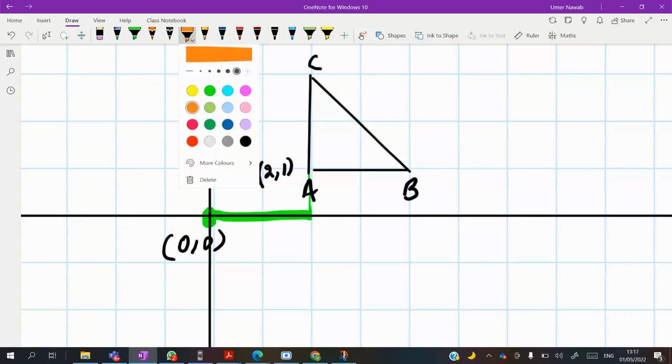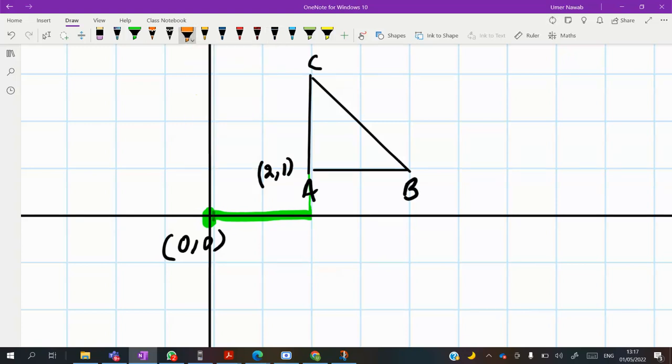The coordinates of B will be 4, 1. The coordinates of C will be 2, 3.